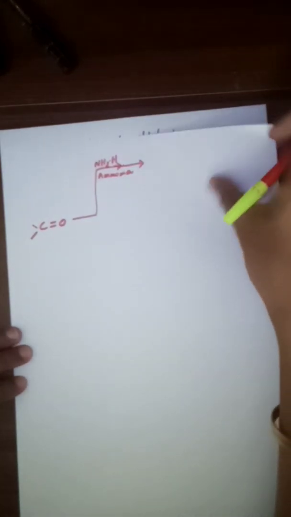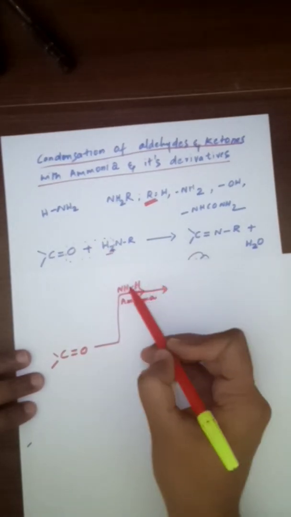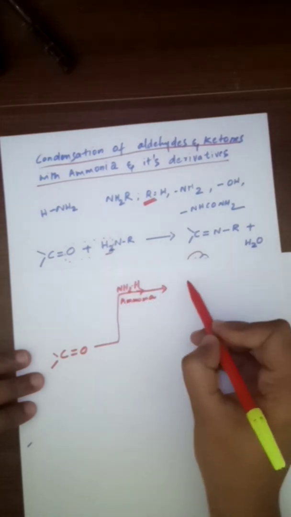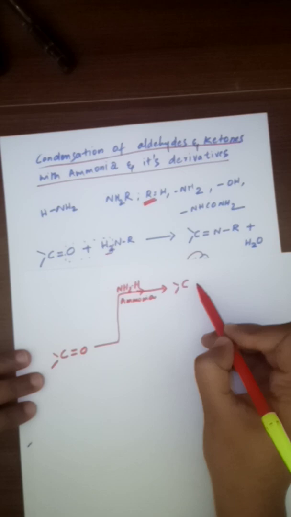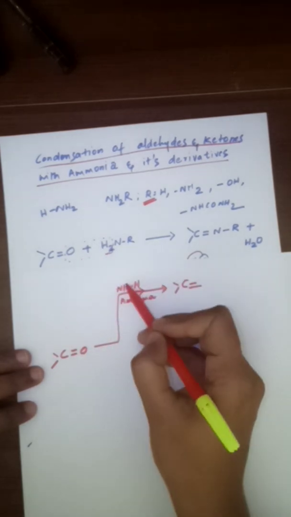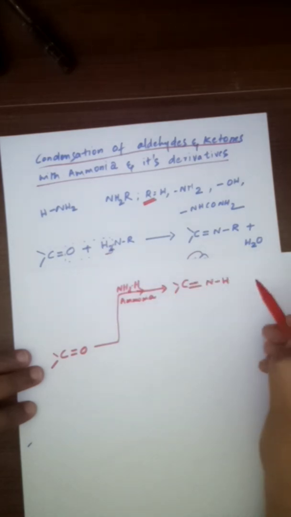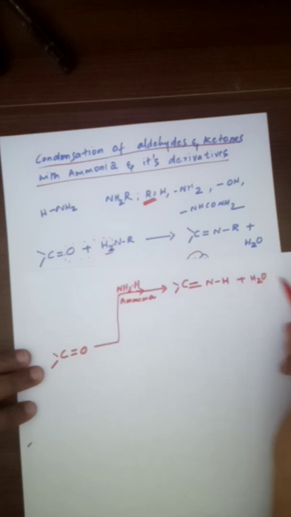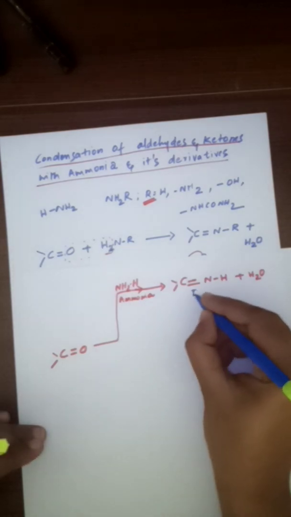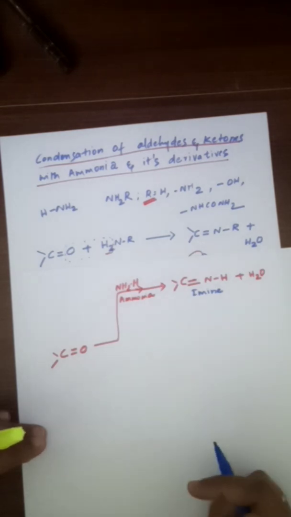This you should keep in mind when you are writing the reaction: this hydrogen should go and NH should be there. So it is C, double bond will exist, the oxygen and H2 will go over. Then what you will get? You will get NH along with H2O. And this product is known as imine. So when it reacts with ammonia, you will get imine.